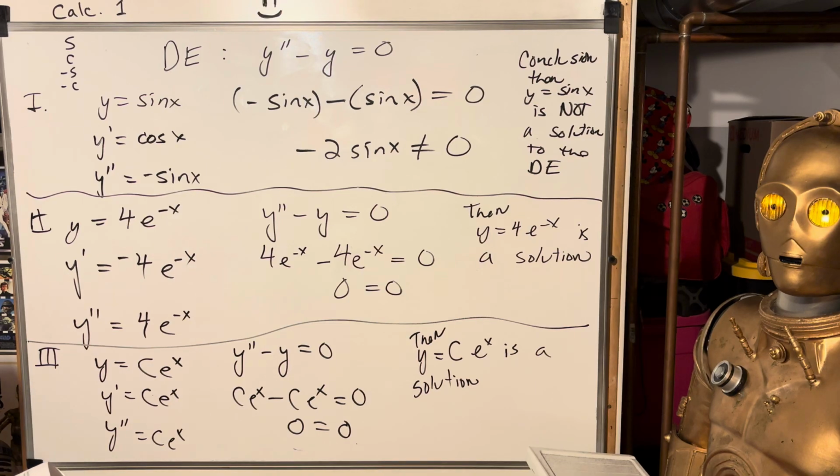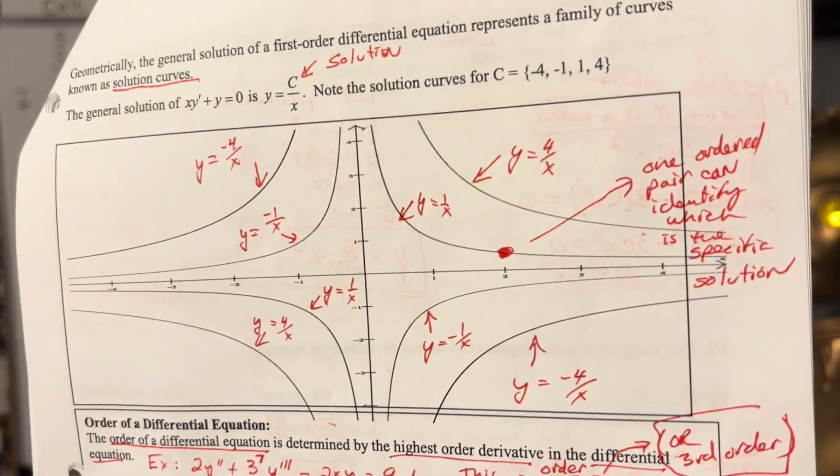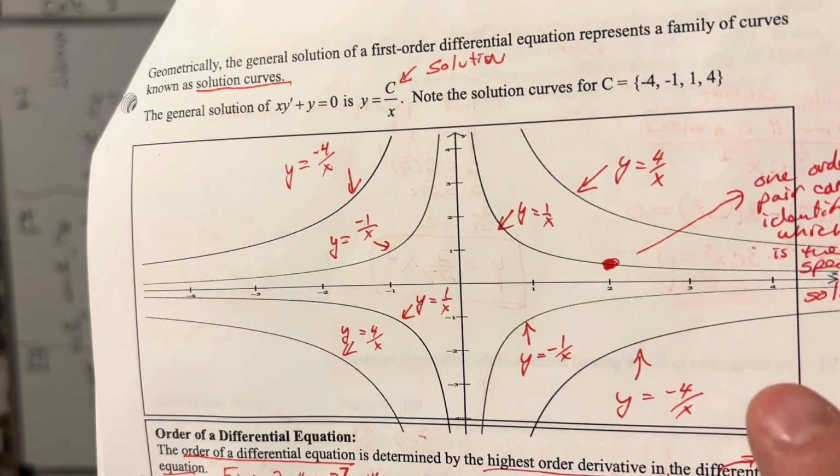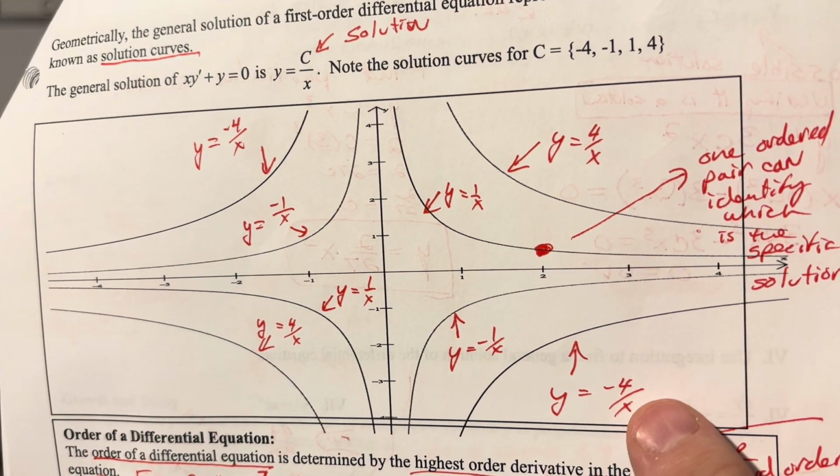So you could put any number over x. Note the solution curves for c equal to -4, -1, 1, and 4. I'm not going to try to draw those on the board because I'm not going to do a good enough job. So just pointing these out, that's y equals -4 over x.